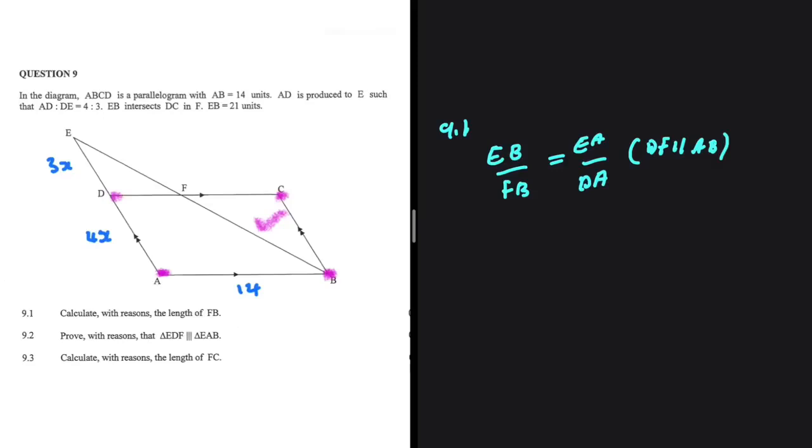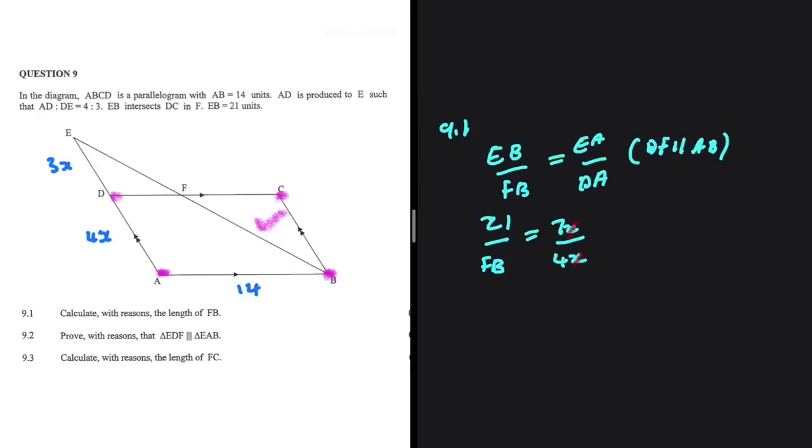Okay. So what is EB? EB is 21, like we have in the information. FB is what we're interested in. This will be equals to EA. EA will be 7x divided by DA, which is 4x. We can see x and x cancels out.